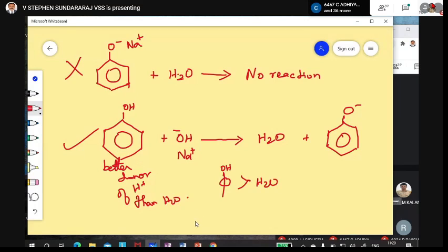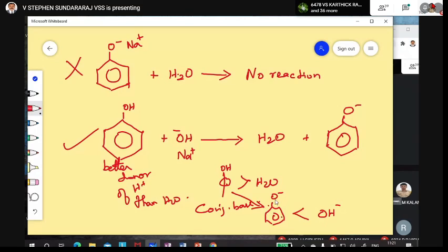One point. Another point is I am coming to the conjugate base. What is the conjugate base? Phenoxide ion, O minus, phenoxide ion, hydroxide ion. See, phenol is stronger acid, means its conjugate base will be weaker. This is a weaker acid, then this will be stronger conjugate base. So when their acids are having this order, then their bases will have the opposite order.